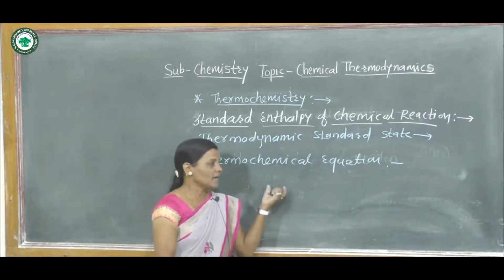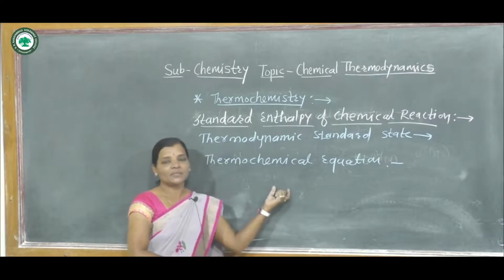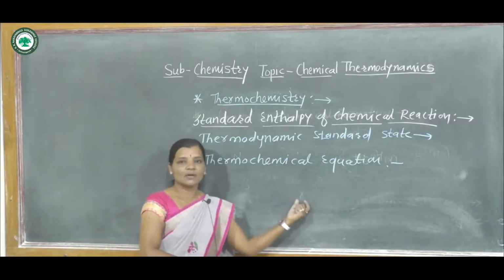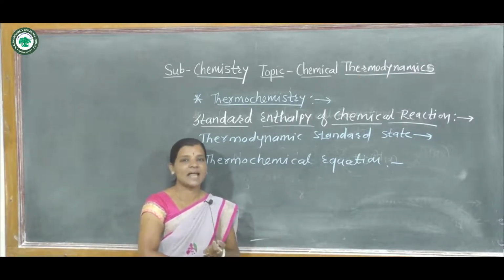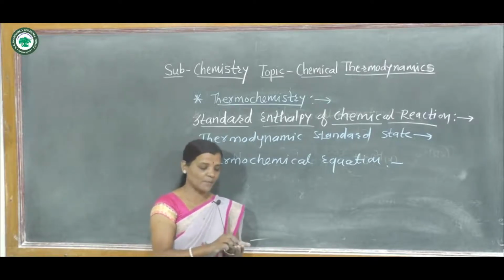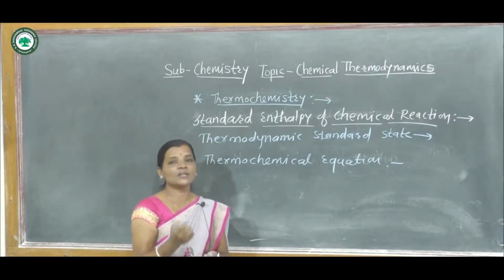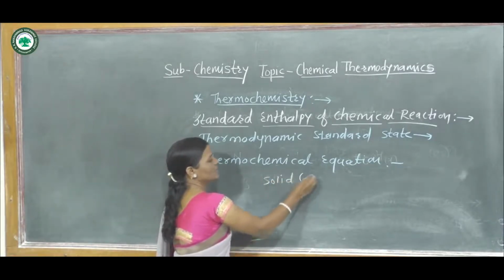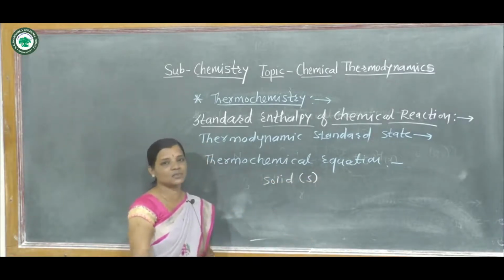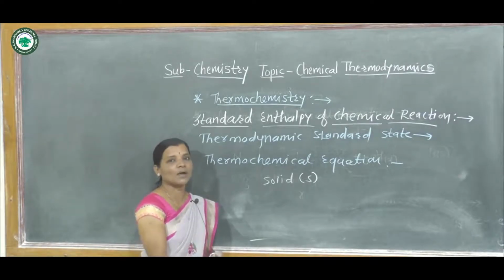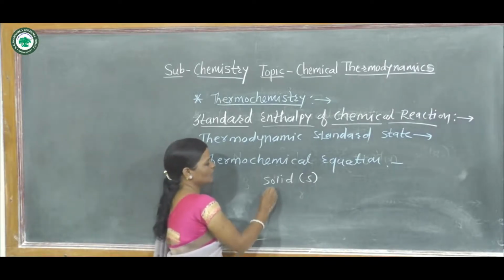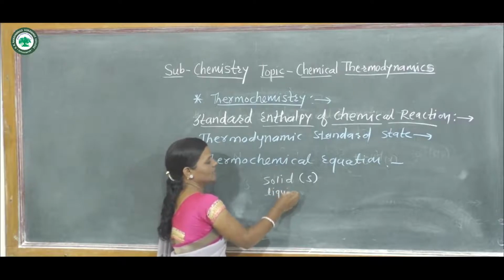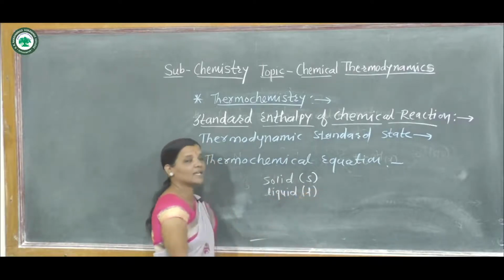Now, in a thermochemical equation, all reactants and products are present in their standard physical state. For example, if that reactant or product is present in solid state, then the suffix S is used for it. If it is present in liquid state, then the suffix L is written.